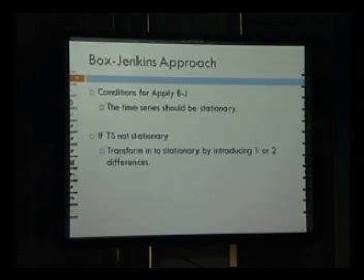This Box-Jenkins approach tries to model only stationary time series data. Initially we have a non-stationary one, then by using the integrated or difference part, we convert that to a stationary time series, and this stationary time series can be modeled by the Box-Jenkins approach. A stationary time series means it has a constant mean, constant variance, and the autocovariance or autocorrelation depends only on the lag.